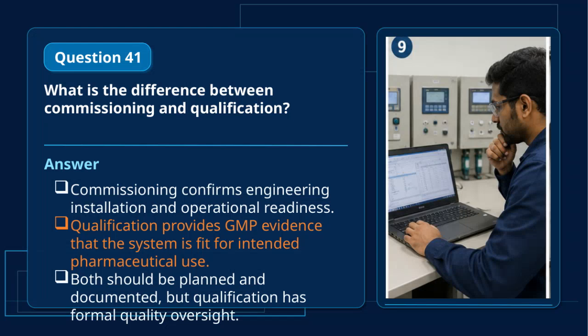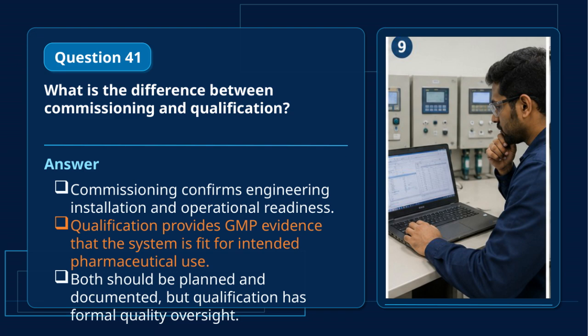So, let's talk about the difference between commissioning and qualification. Commissioning is all about making sure that the engineering installation is complete and that the system is operationally ready. It's like checking that all the pieces have been put together correctly and that everything is working as expected from a technical standpoint. On the other hand, qualification goes a step further.